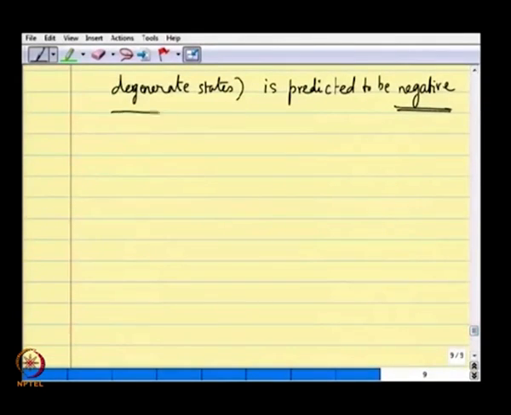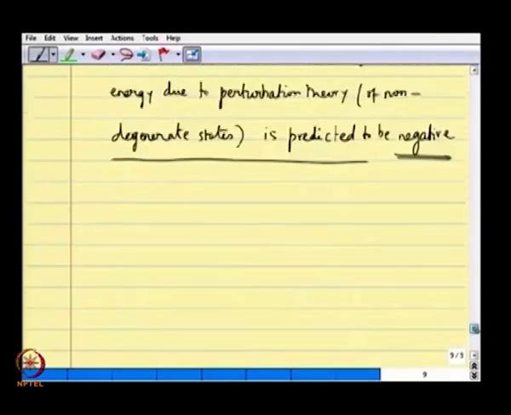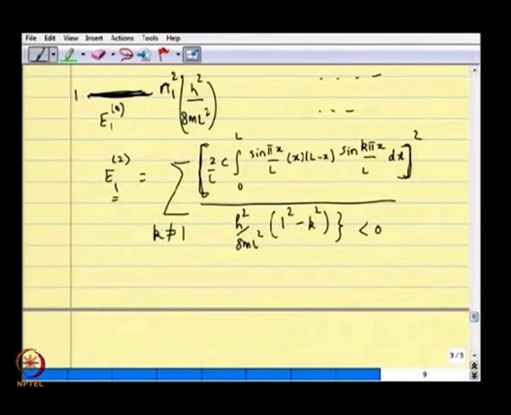So, this correction term that you have for the second order to the ground state energy, again this integral is something that you can calculate, and you see that it involves sin pi x and sin k pi x, where k is not equal to 1, and it has the perturbing term x into (L minus x), the coordinates.